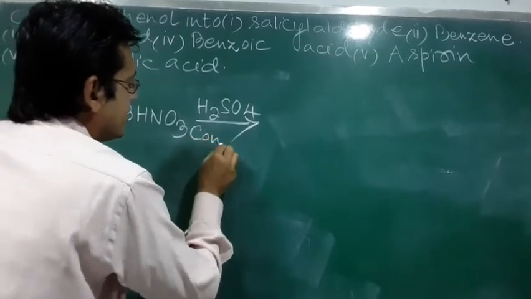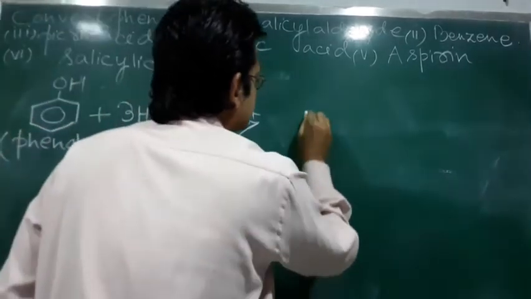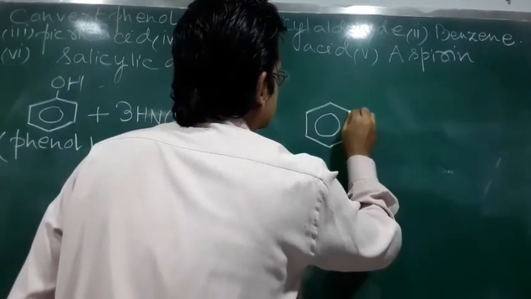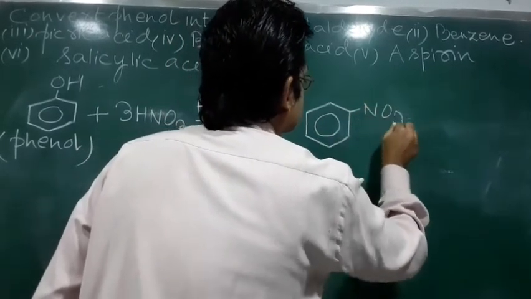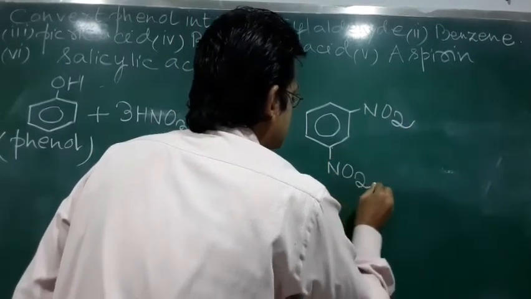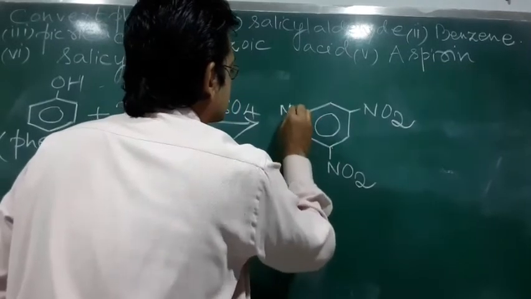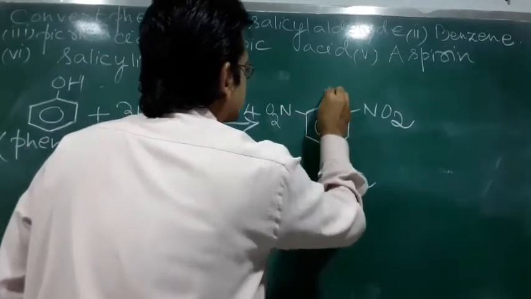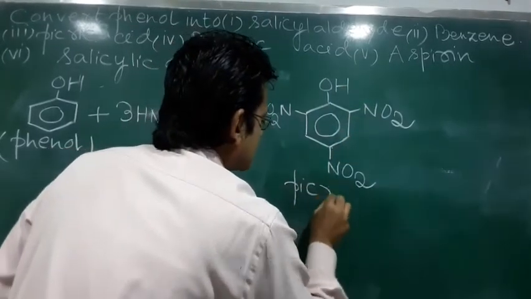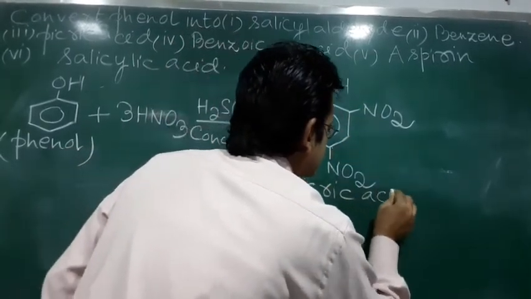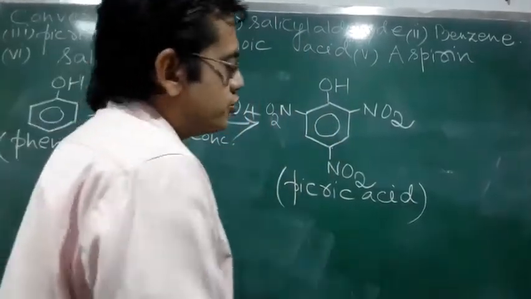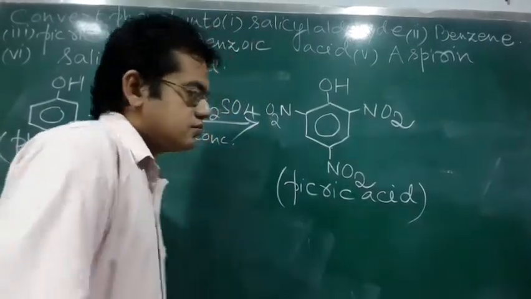H2SO4 has to be concentrated. So this is what we call picric acid. Its IUPAC name is 2,4,6 trinitrophenol.